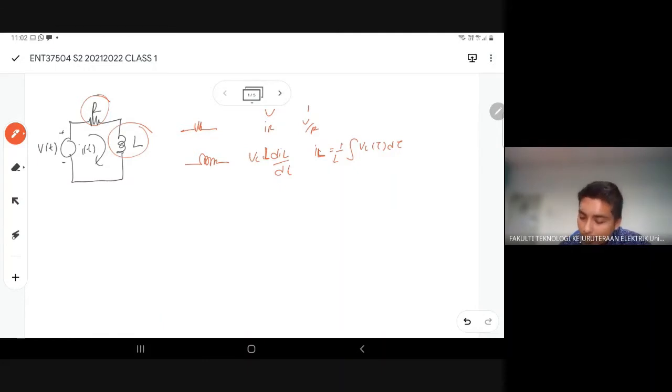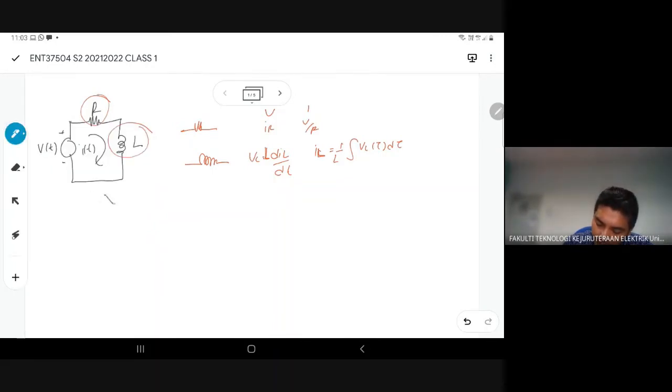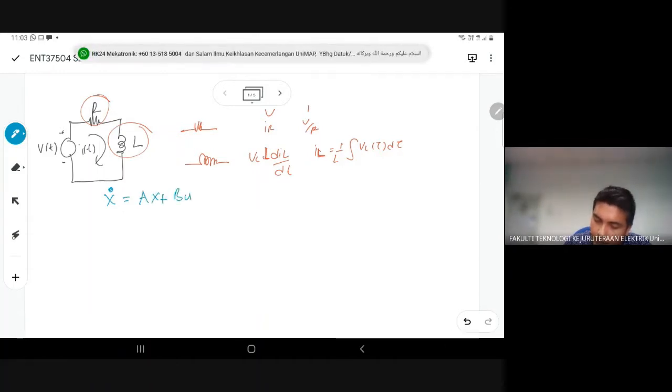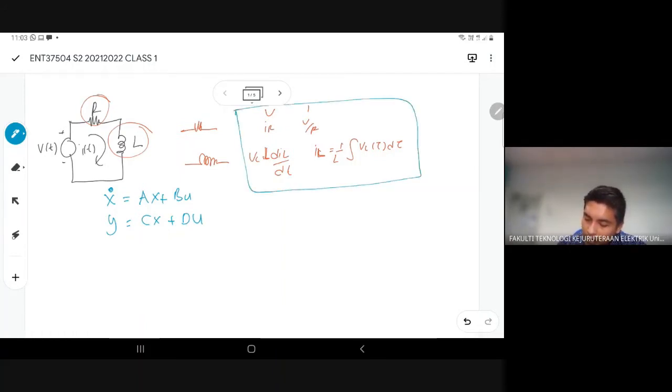Based on this, we need to write down the state space equation: X dot equals AX plus BU, Y equals CX plus DU. Now you only have this information, which you are extracting from this question.